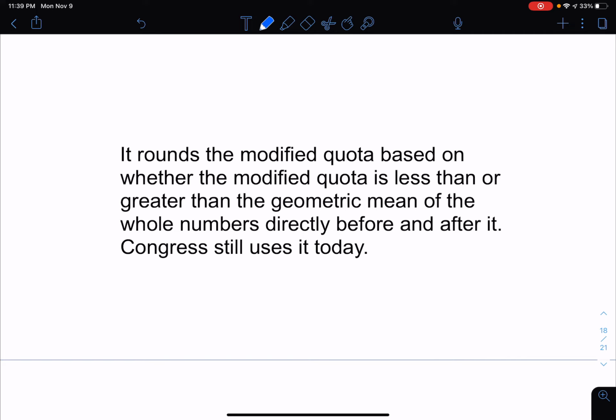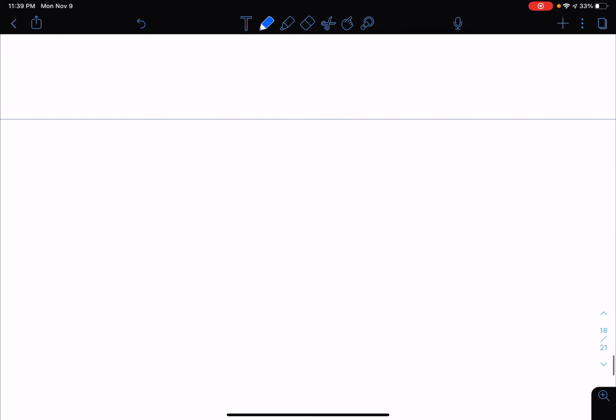We are not going to take state data right now and try to apply it. We're just going to use some existing data from a book that I have called A Mathematical View of Our World. And we're going to see exactly how that works.